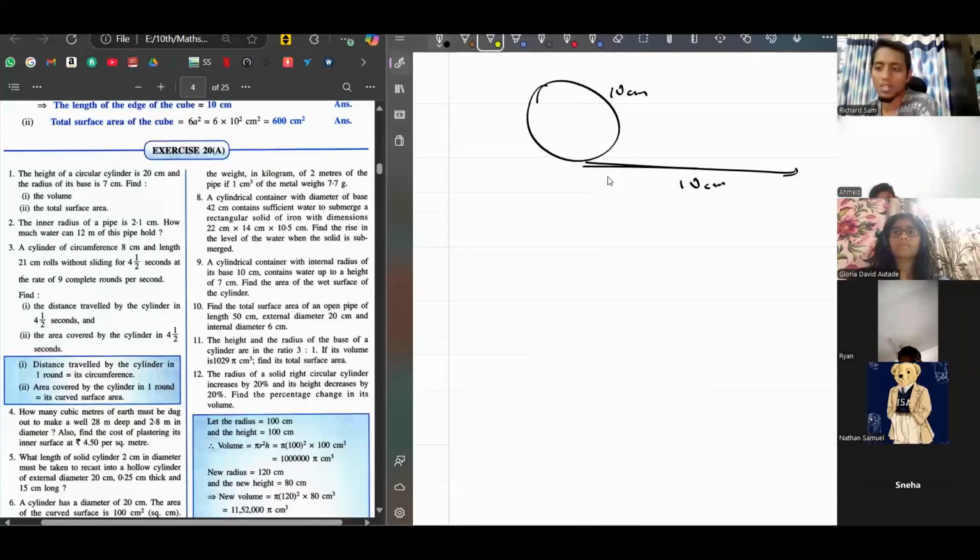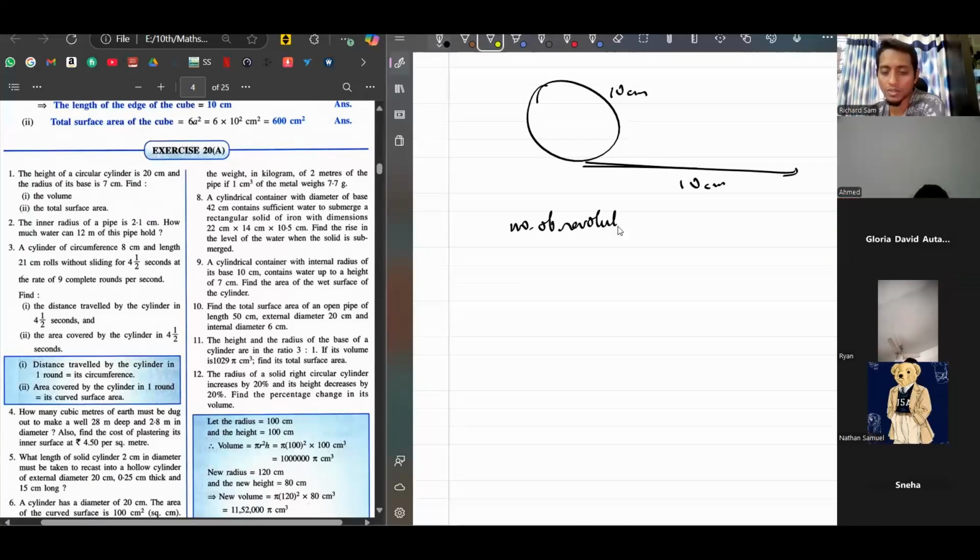Okay. So what if it covered a distance of 20 centimeters? What does it mean? It went 2 revolutions. Correct. Because one revolution's circumference is 10 centimeters. And if it went 2 revolutions, then it would have covered 20 centimeters. Got it. So the formula is number of revolutions is equal to what?